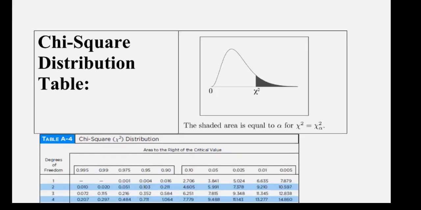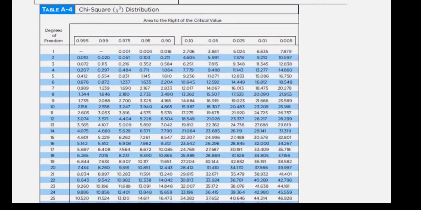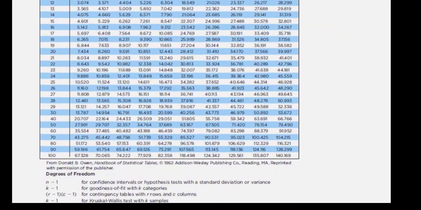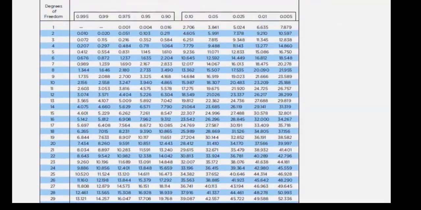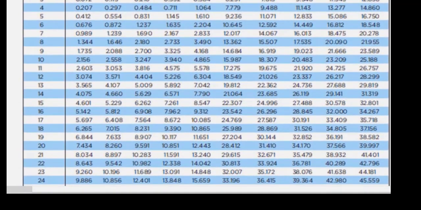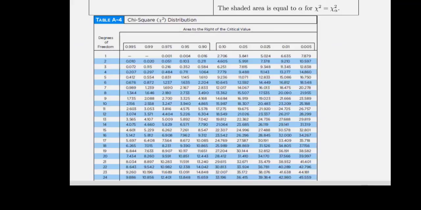Okay, so in this case, you see the left column has the numbers. Those are the numbers that you have, and it's limited. So let's bring it down to number 24. Everybody can see number 24 at the bottom of the left column. Then you go to the top and you look for 0.95, and you see the number 13.848.